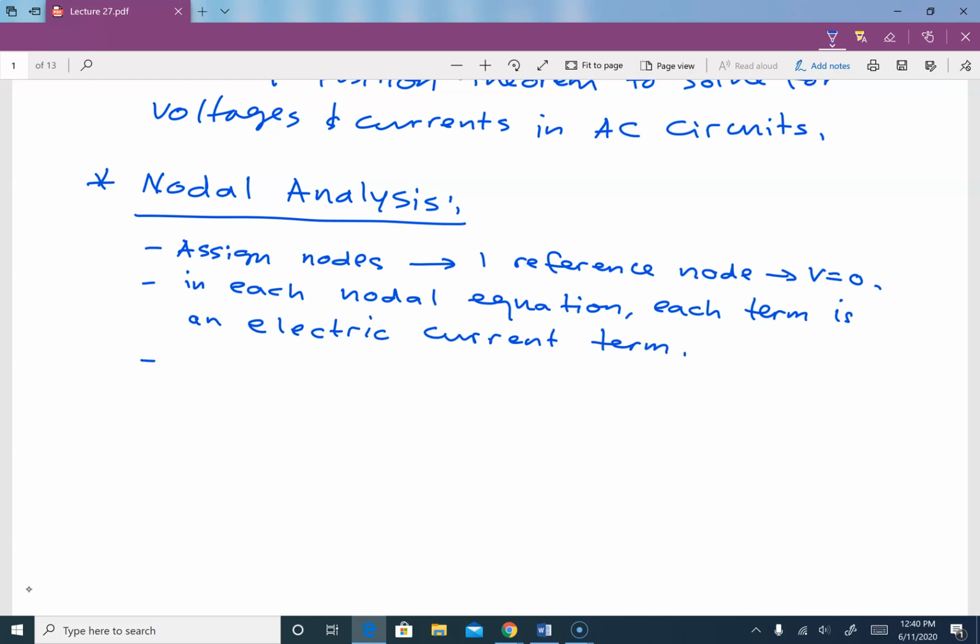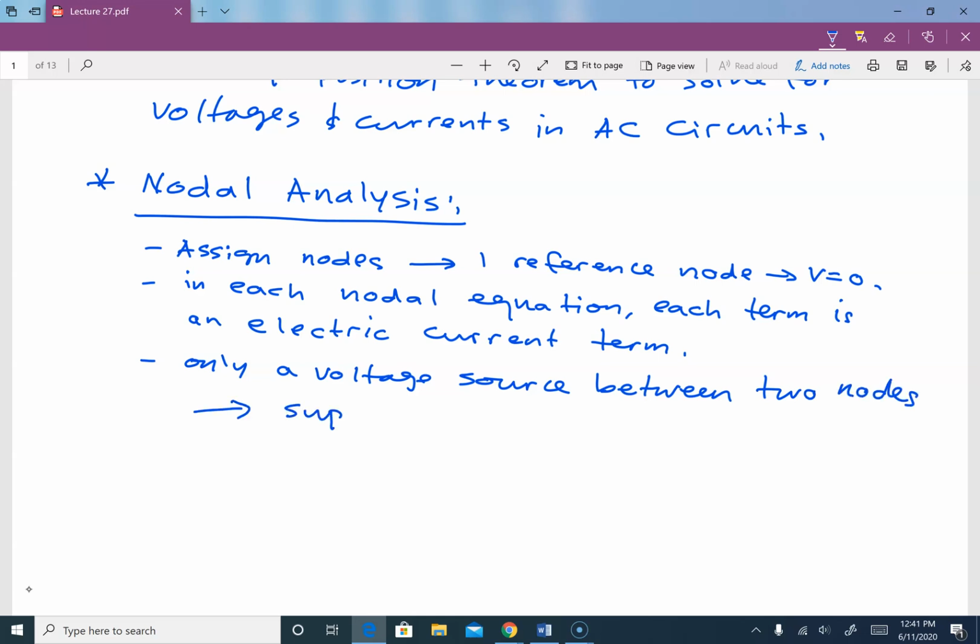And if we have only a voltage source between two nodes, that means that is a supernode.